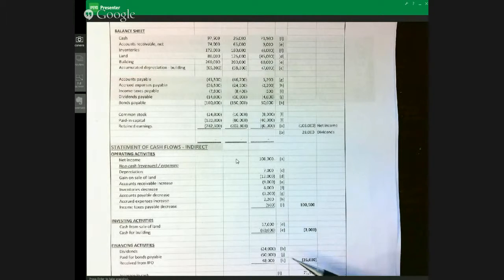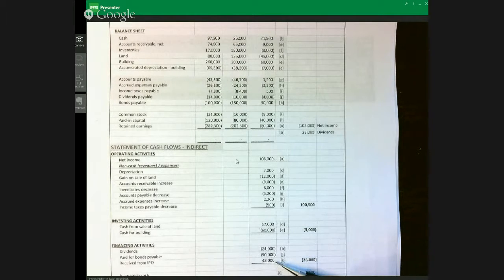Also, under the financing activity, your business paid to its shareholders $24,000 of dividends, which is a good thing for you and your owners because your business is returning cash to them. You also paid down $50,000 of a bond payable that was outstanding, so the ability to pay down debt is a very good thing.